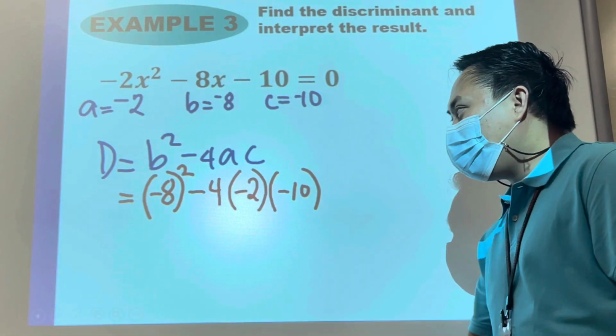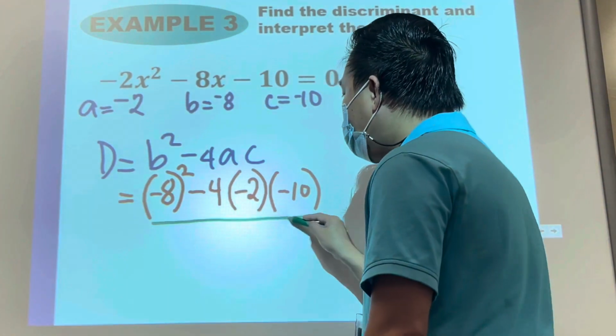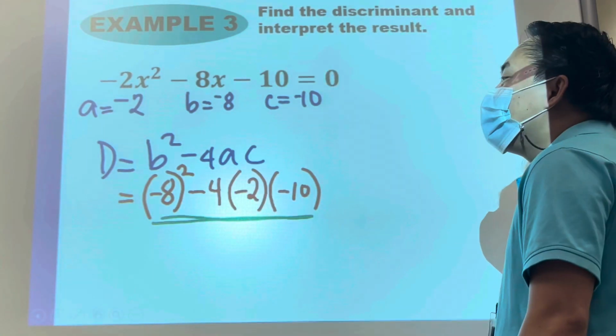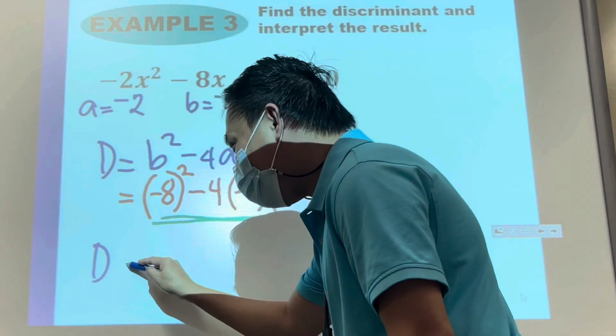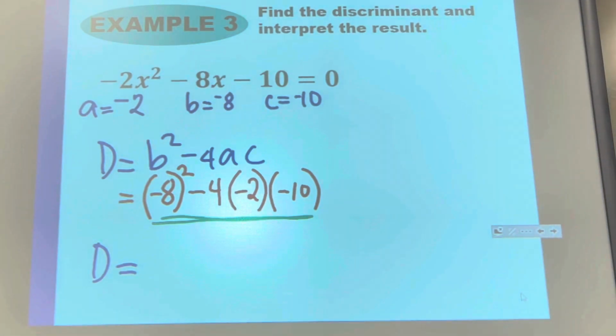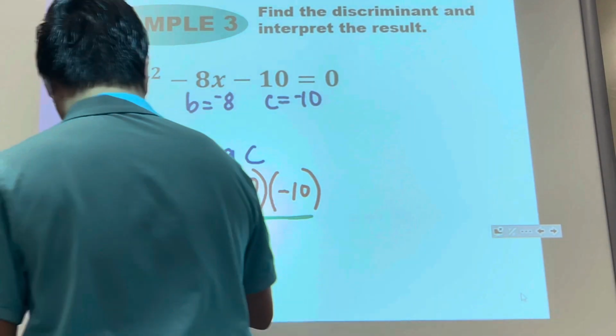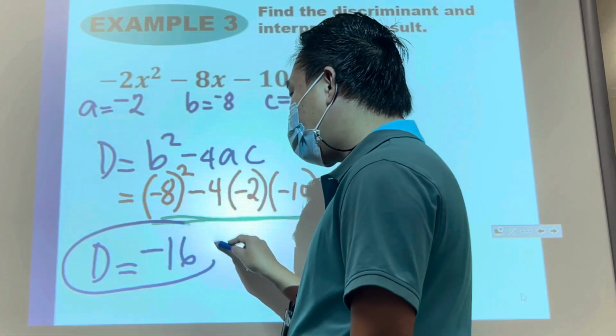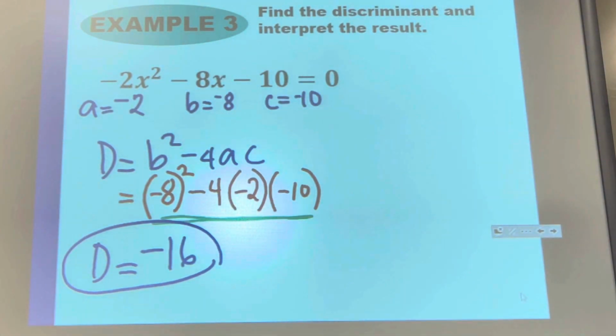Now find the value of this expression. Jose, what's the answer? Negative 16. D is negative 16.